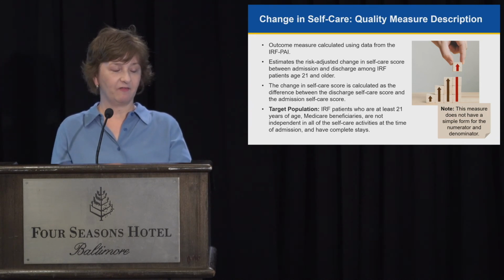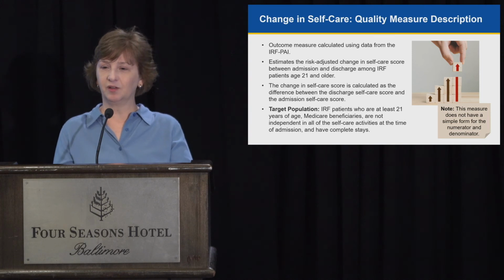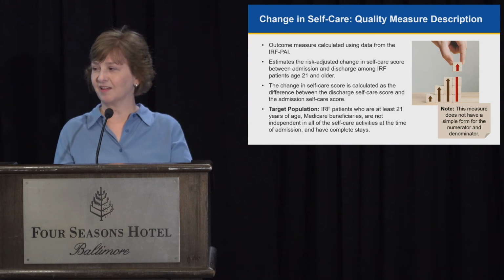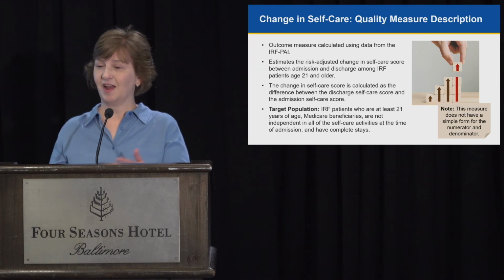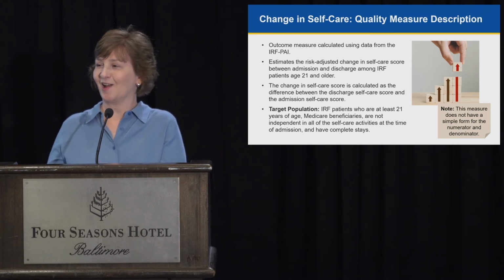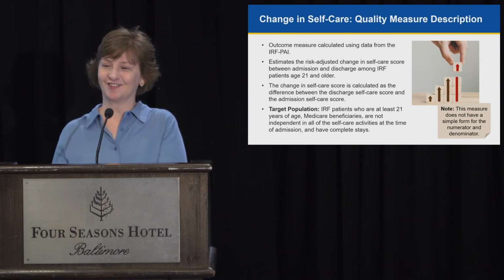And then for this measure, it only includes the patients who have complete stays. The logic behind that, obviously, is, as I told you before, if somebody has a medical emergency, you're not required to collect the discharge data, and so I can't calculate a change score if I don't have discharge data.